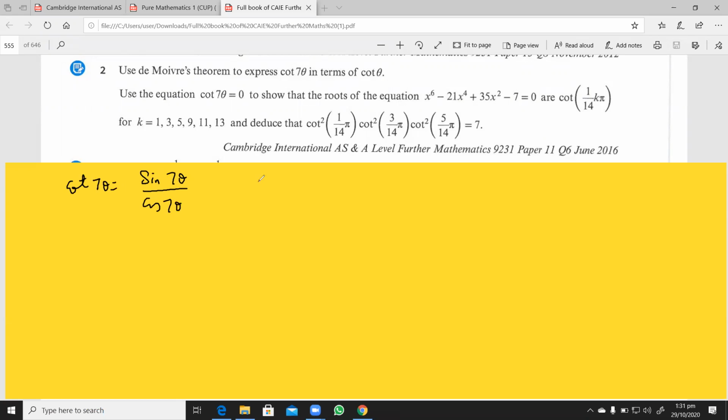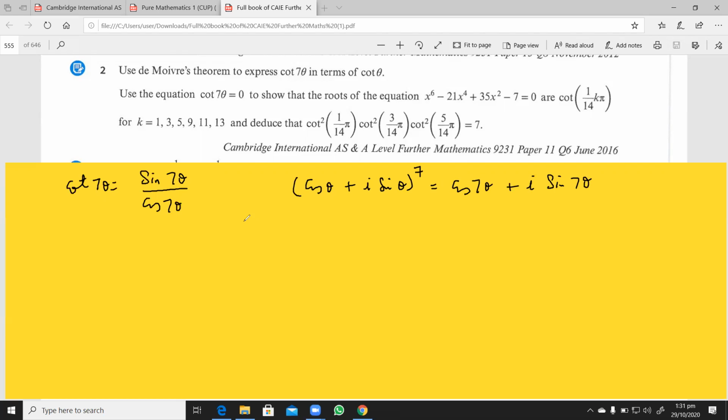Now we know that if you have cos theta plus iota sine theta raised to power 7, you can write it as cos 7 theta plus iota sine 7 theta.